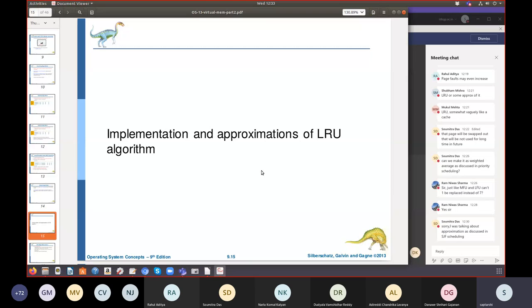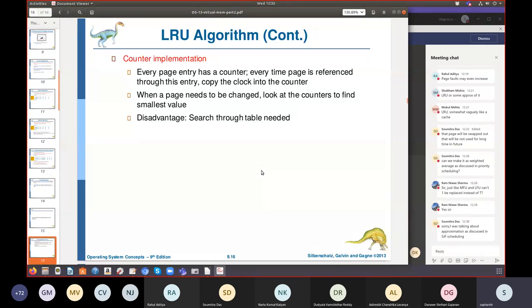If not, then let me proceed to LRU algorithm implementations. Since LRU is a popular and practical algorithm, several implementations have been suggested. One is called counter implementation.